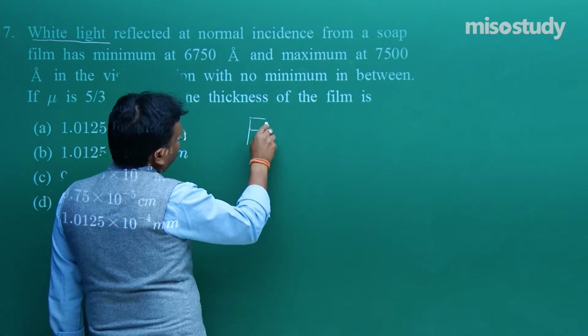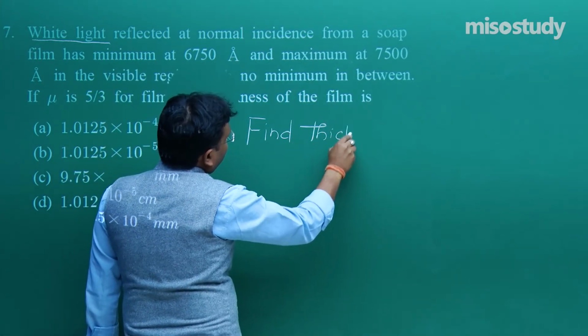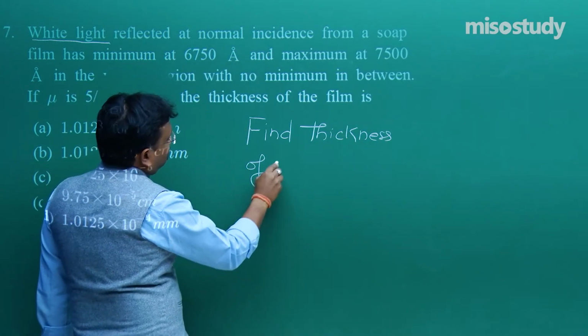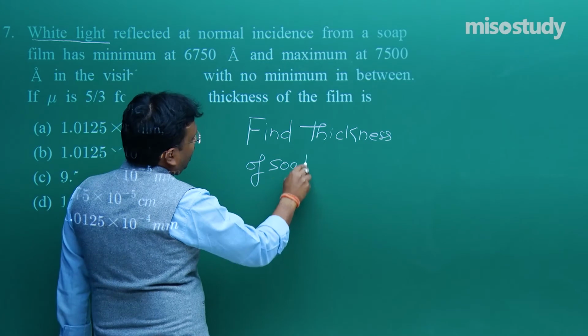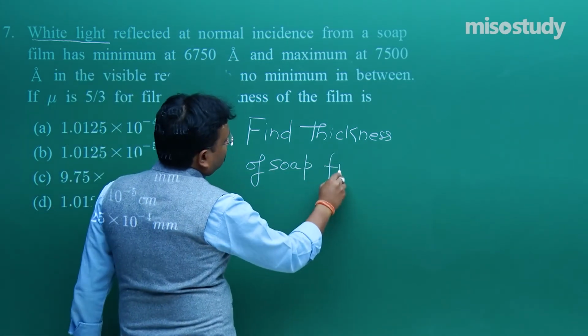find the thickness of the soap film for this interference. Do not worry, I will move out.